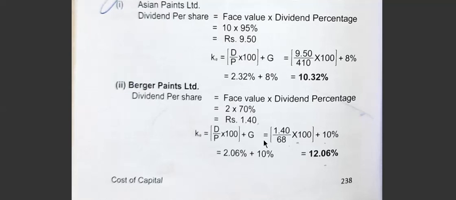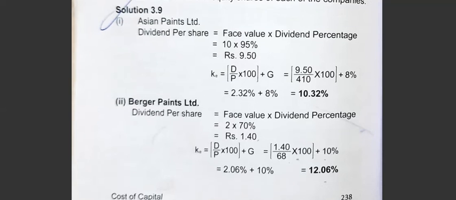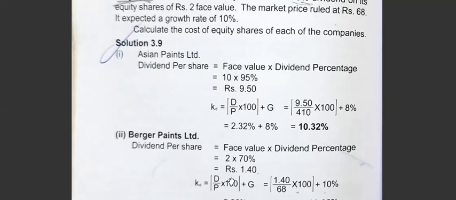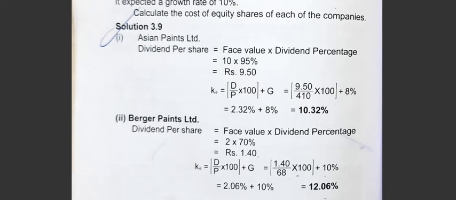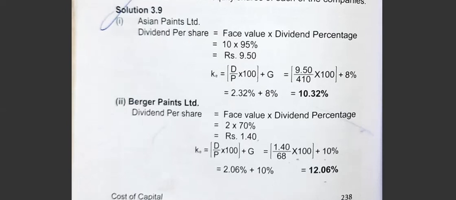Now the formula is 1.40 divided by P. P is 68 rupees, into 100, plus 10% growth rate. So 2.06% plus 10%, you will get 12.06%.